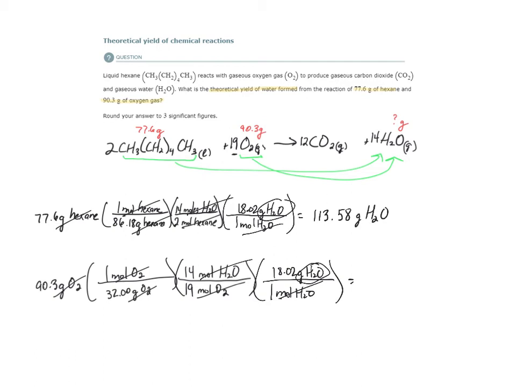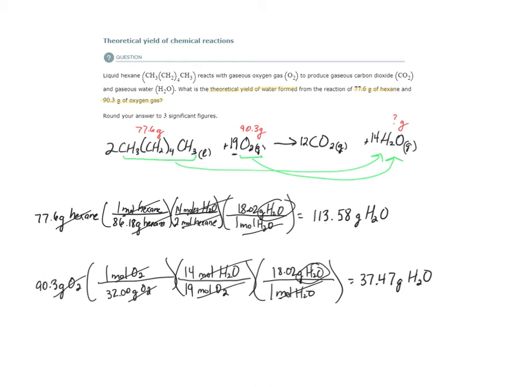Then 90.3, open parentheses, 1 over 32, close, 14 over 19, close, 18.02 over 1. I get 37.47 grams of water. So assuming I did the math correctly, what we've done is we've determined how much water I can make from 77.6 grams of hexane.